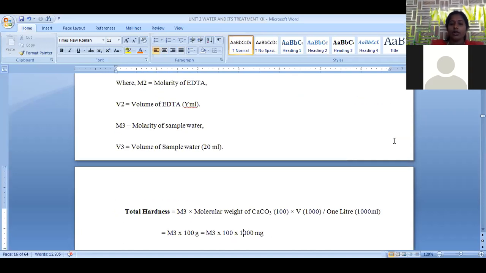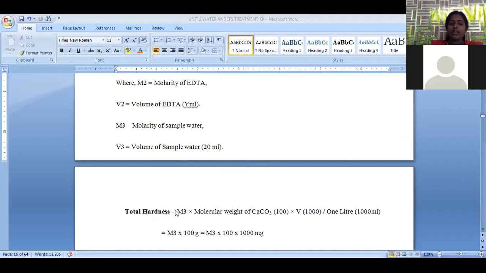Now, by using this formula, we will get the molarity of sample hard water. It is converted into weight by taking the formula molarity is equal to weight by gram molecular weight into 1000 by volume. That is the formula for molarity. So the total hardness molarity is known.